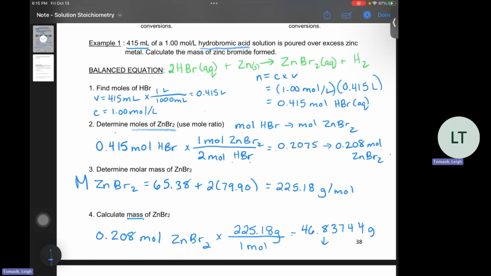Let's do three significant figures. So 46.8 grams of ZnBr2 is what mass I would expect. Okay.